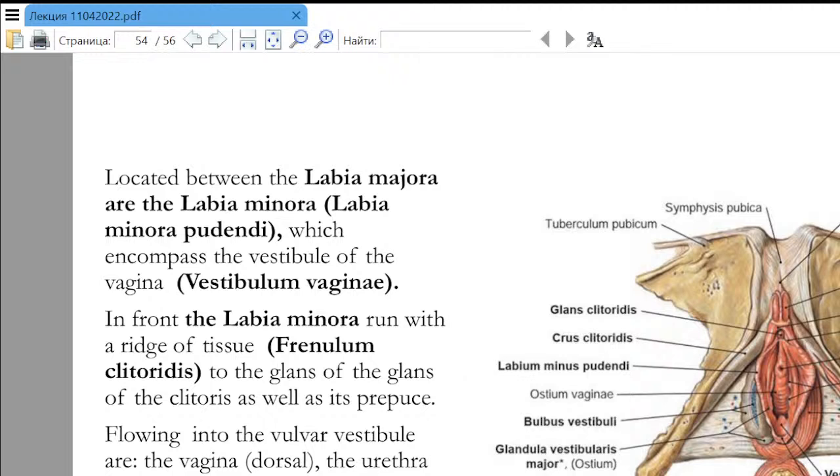Located between the labia majora are the labia minora, and between labia majora and labia minora lies the sulcus, which encompasses the vestibule of the vagina.